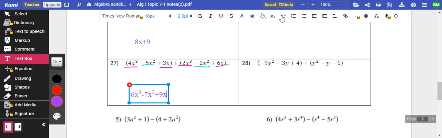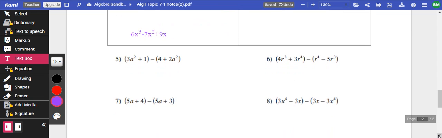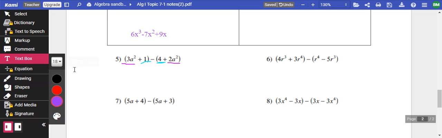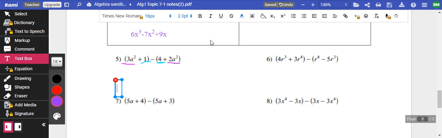Now, with subtraction, it's a little bit different. I'm going to show you 2 ways. Okay? First thing I'm going to do is the same that I've been doing. We've got 3a squared and 2a squared are going to go together. And I know 1 and 4 are going to go together. So I'm going to think of it as subtraction each time.